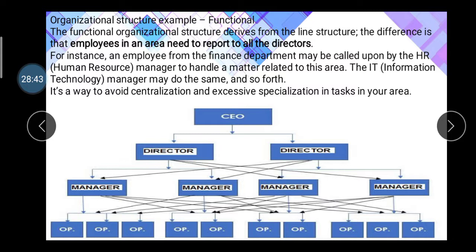So whenever you have to draw this diagram, draw it very carefully and effectively.